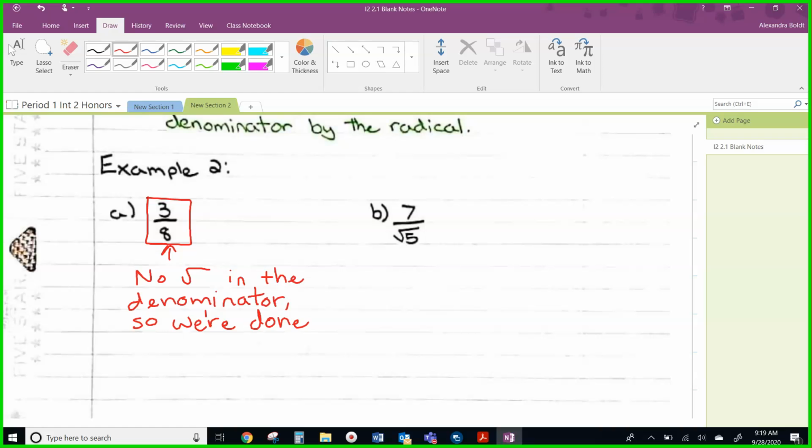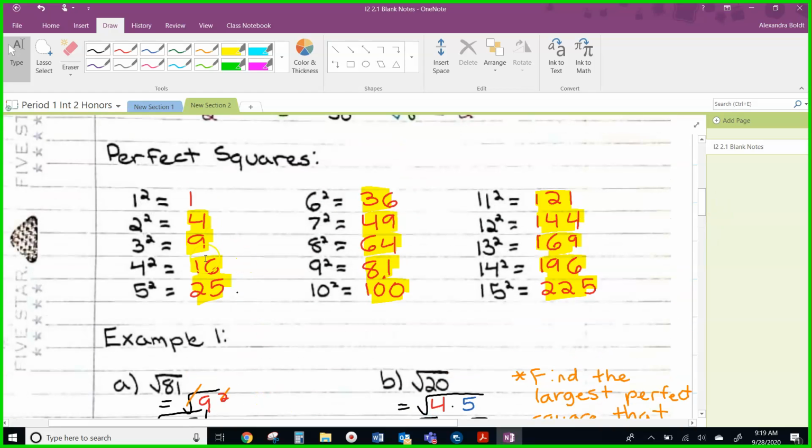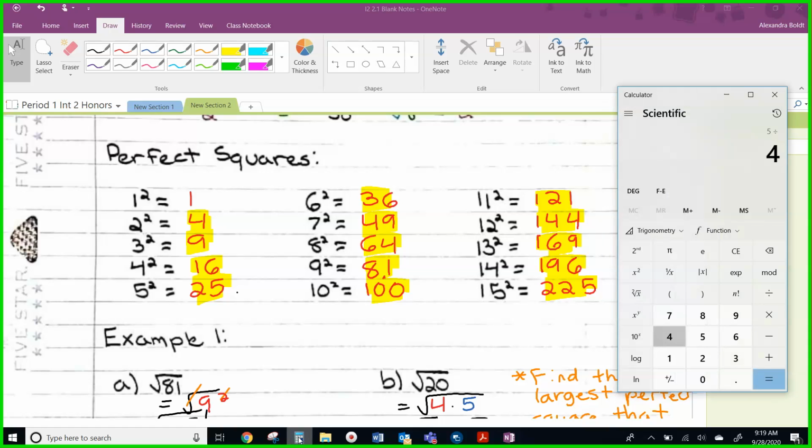Okay, let's look at our next one. 7/√5. Well, if I look at that number 5, right, we can try to simplify it. But if I go back up here, right, 5 is between 4 and 9. So when I divide, 5 divided by 4 doesn't work. The only other number left is 1.